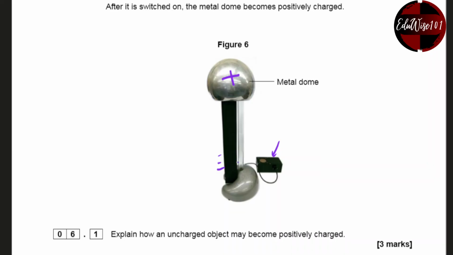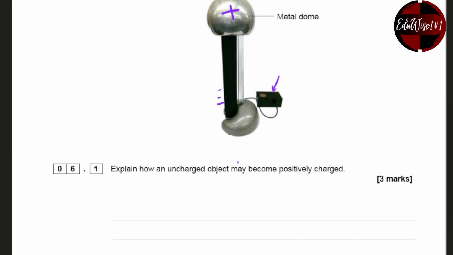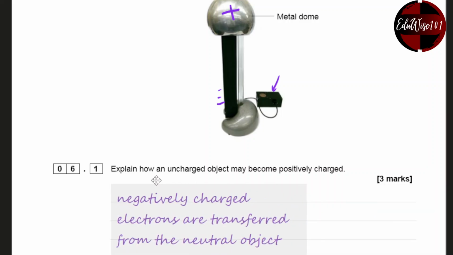Question: explain how an uncharged object may become positively charged. For an uncharged object to become positively charged, you will have to remove the negatively charged electrons from that object. So the answer: the negatively charged electrons are transferred from the neutral object, which is basically the metal dome.